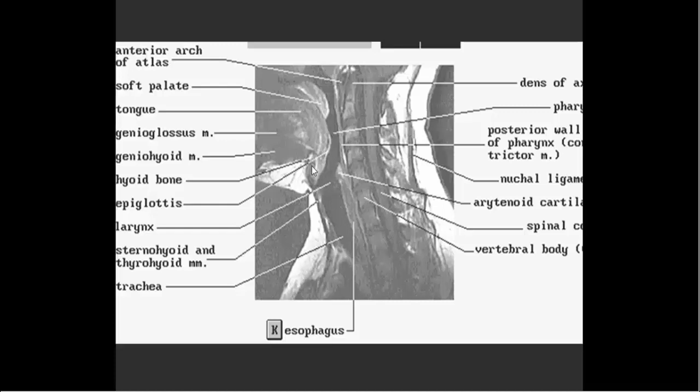This is the trachea, with the esophagus posterior to the larynx. This pharynx, soft palate, tongue, and anterior arch of the atlas. This is nasopharynx, oropharynx, and hypopharynx, and this is esophagus.